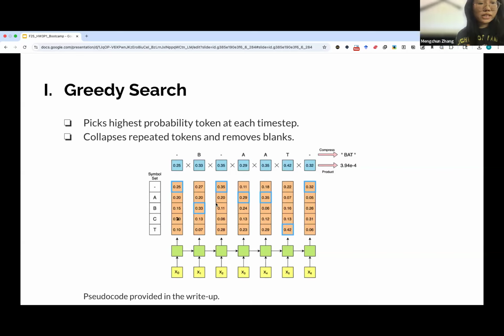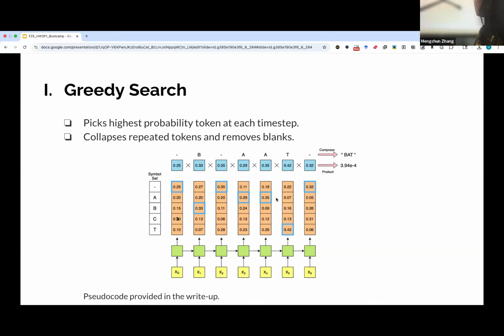For the greedy search, just as the name suggests, it's very simple and straightforward. We just pick the highest probability token at each time step. For example, in this figure, we just choose the top probability symbol at each time step. You can see this blue framed block at each time step.